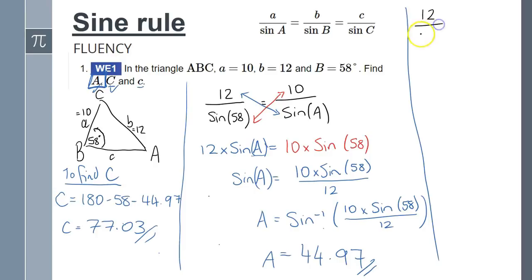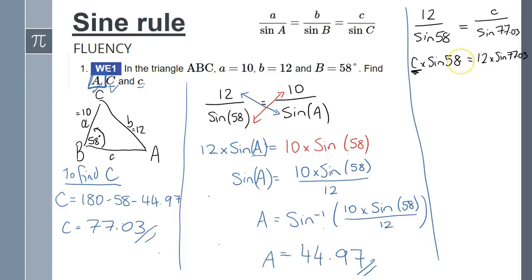So I'm going back to that original pair, and I'm now looking at the C's. So we don't know what side C is. We know that angle C is 77.03. We're going to cross multiply. Doesn't matter which one's on which side. Okay, and I'm looking for C by itself.